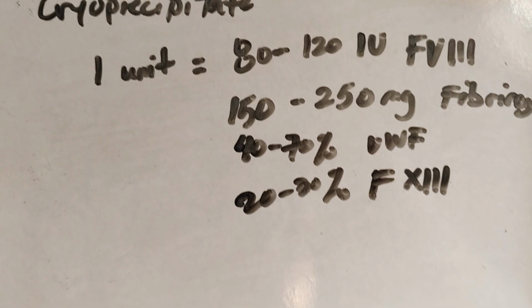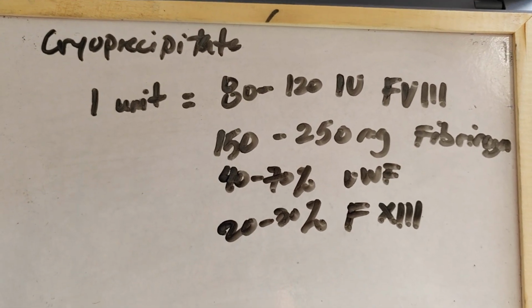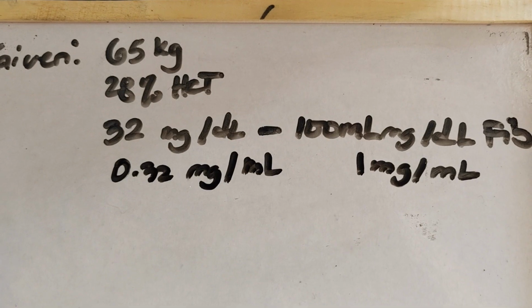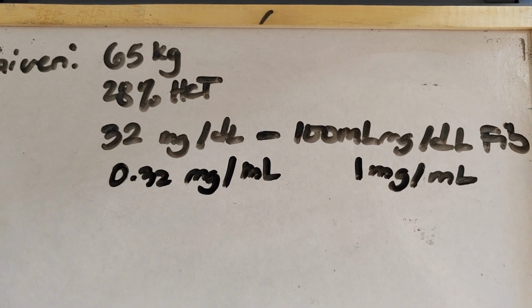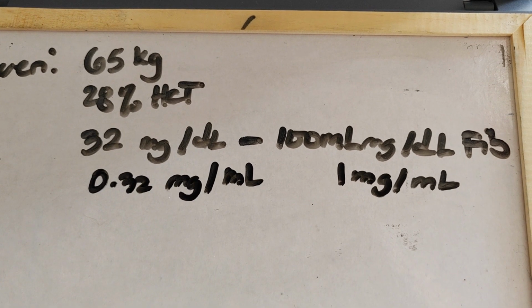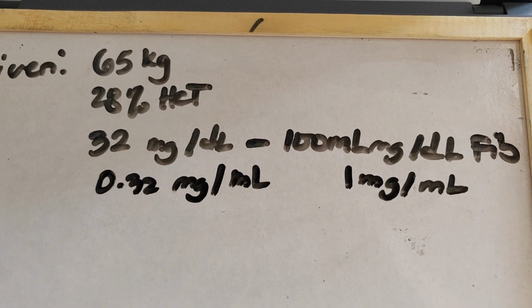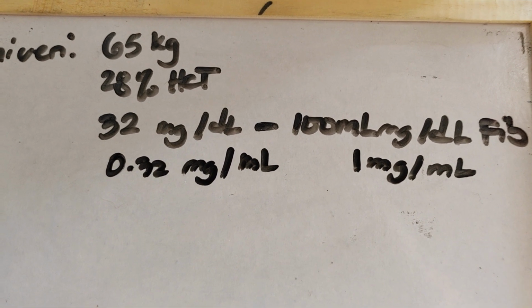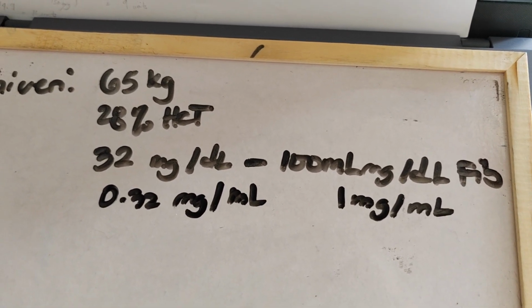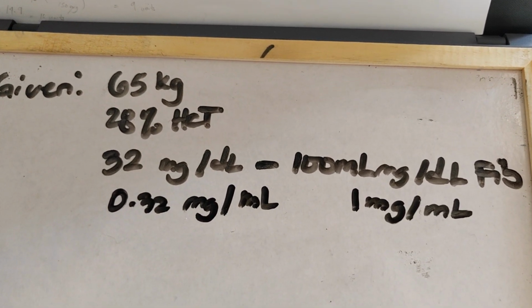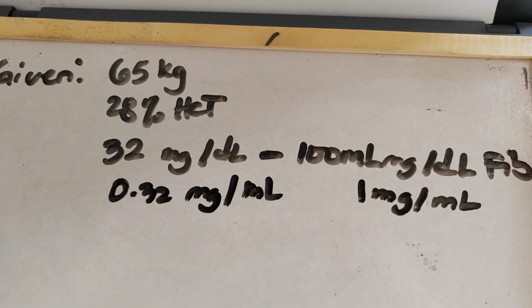Take note nyo yan. Next, for our case, this is the given. First, 65 kilograms ang patient natin. Meron siyang 28% na hematocrit.